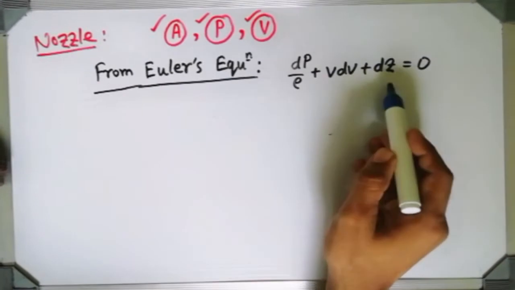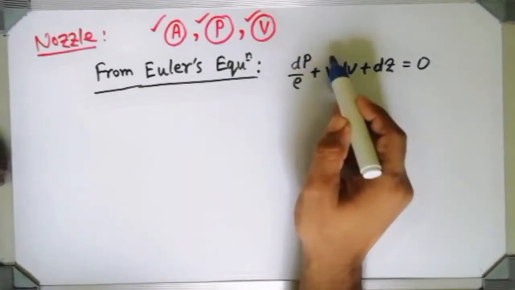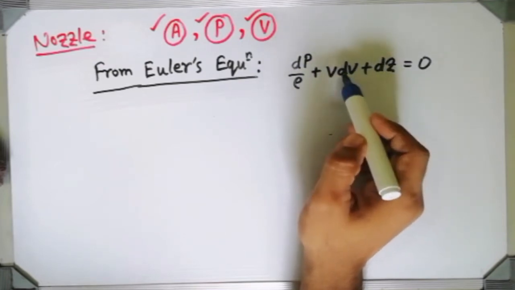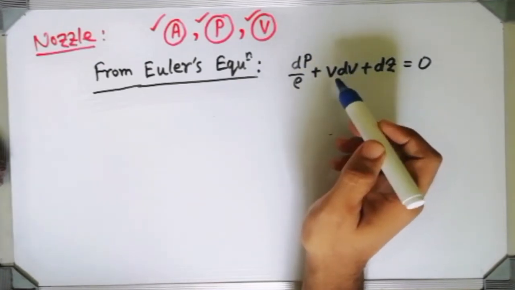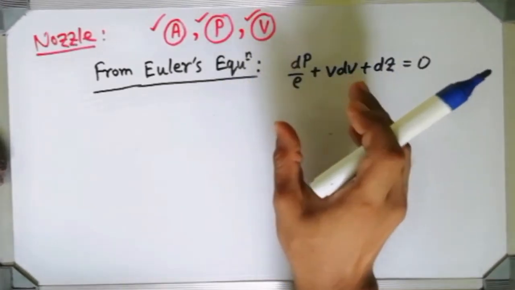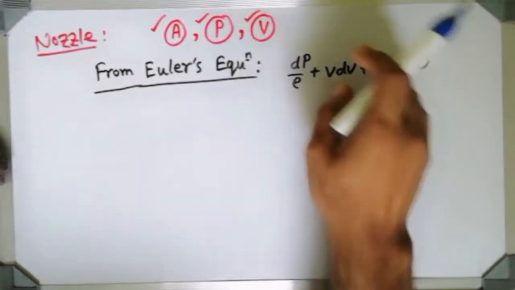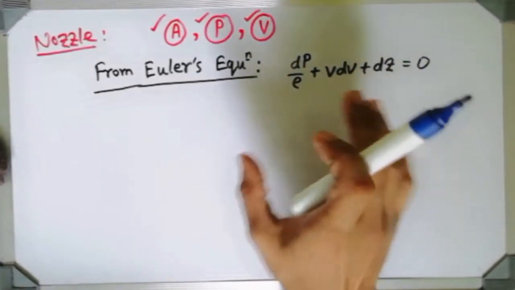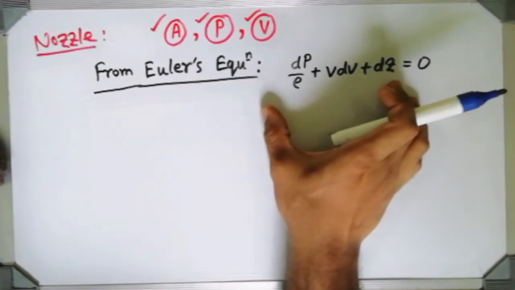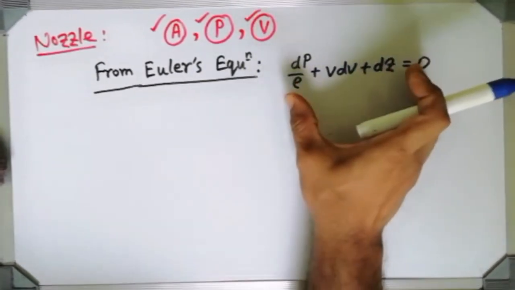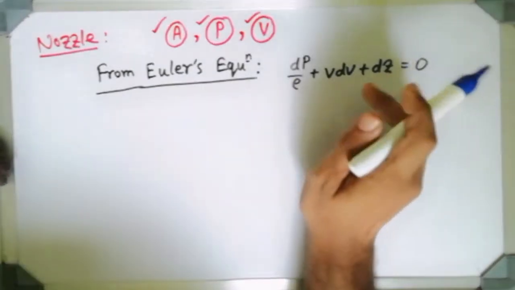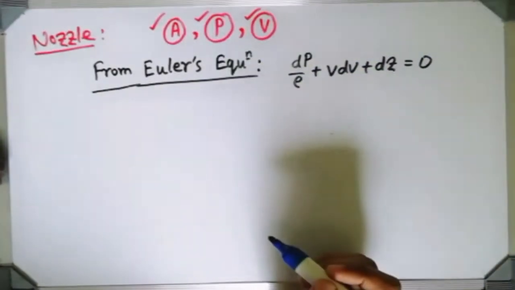If you do a simple integration of this Euler's equation, you can achieve Bernoulli's equation. Bernoulli did a simple technique of integrating Euler's equation, and after integrating, he formed a new equation known as Bernoulli's equation. But we are not going to use Bernoulli's equation here. Just see this Euler's equation.